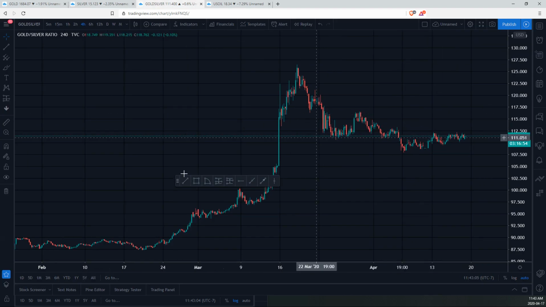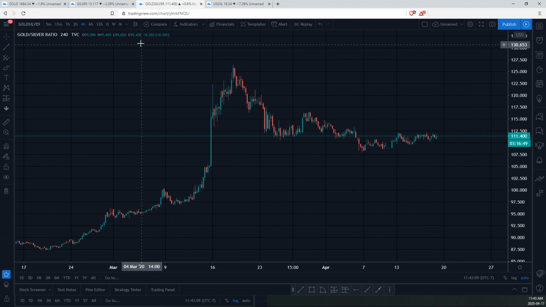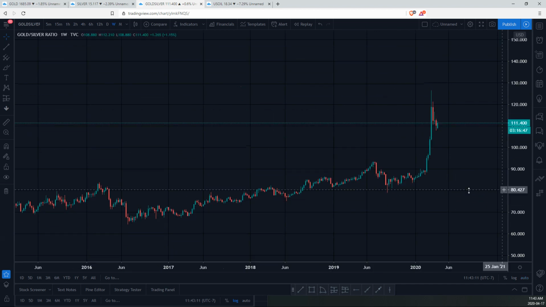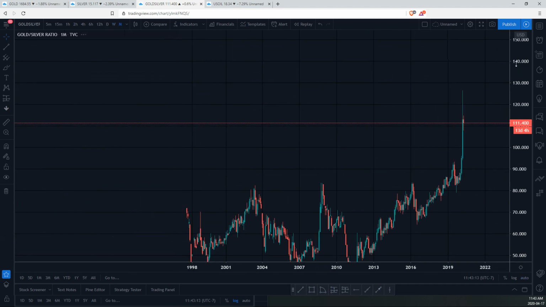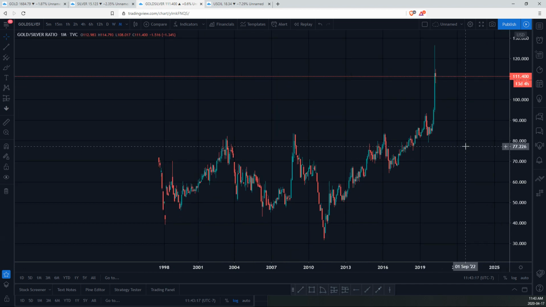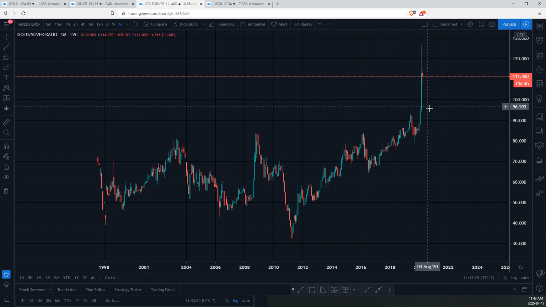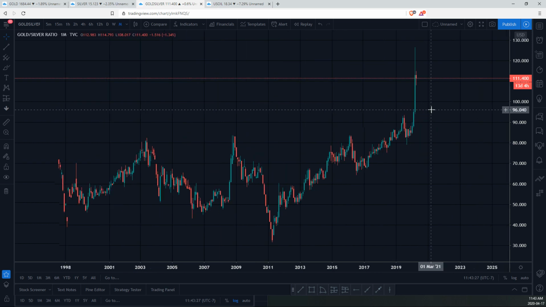All right. So talking a little bit about the gold and silver ratio, first off, let's go all the way to the weekly chart. This gold-silver ratio hasn't been this high in decades, and some people are saying centuries or ever that they've known, and they've been gold bugs for a while, which is pretty crazy. But just because something is going in one direction doesn't mean that it's going to immediately turn back.